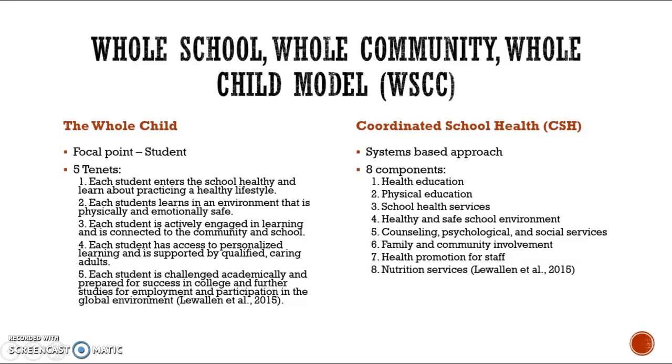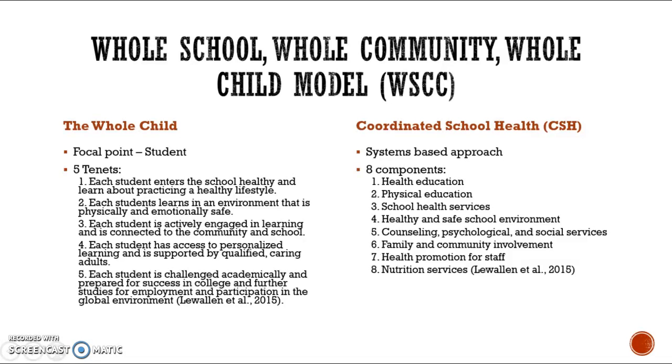School health services are another example, and healthy and safe school environment, which is also similar to the whole child approach. Number 5 is counseling, psychological and social services. 6 is family and community involvement. Next is health promotion for staff, and the last one is nutrition services.